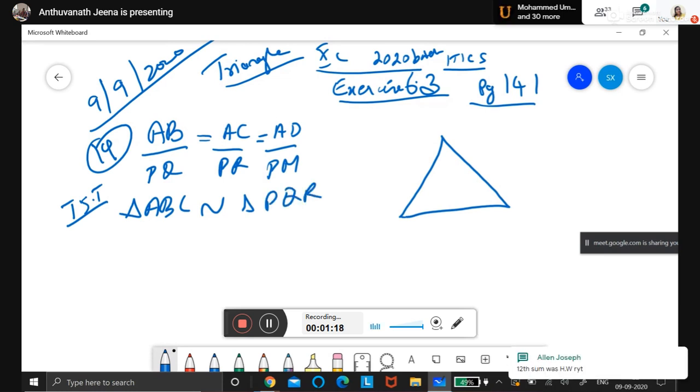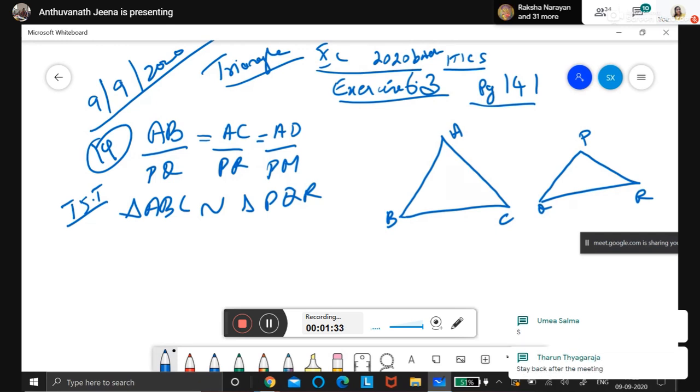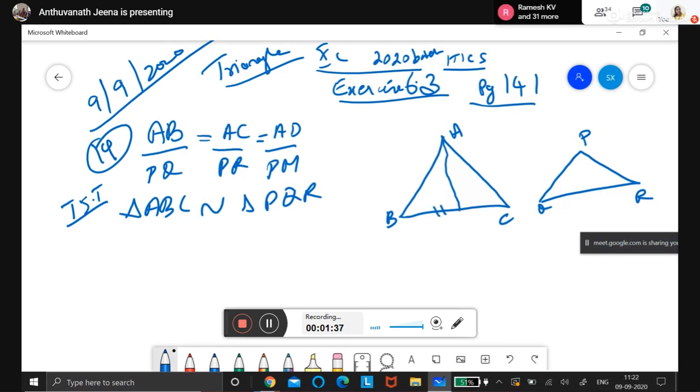Now let us see median. What do you mean by median? A line from one vertex which divides the base into two equal parts, and the areas also. Correct. So when it divides exactly into half, suppose I draw AD, it is a median, meaning BD is equal to DC.